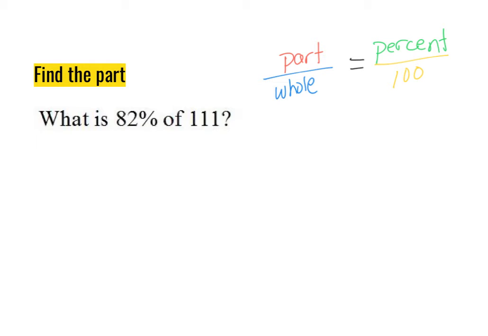My key words, I know that 82% is the percentage, and I know that the keyword "of" is representing my whole. So I'm going to fill in my proportion. Part, I don't know what it is, so I will use a variable. My whole is 111, and then the percent is 82 over 100.